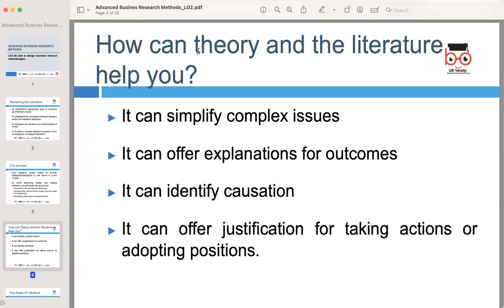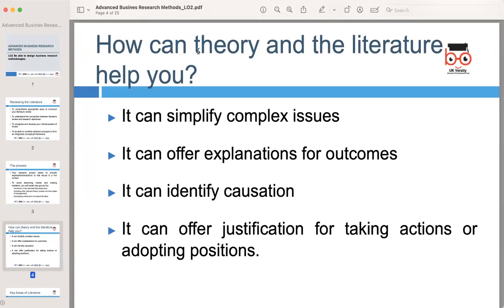Moving on, theory and literature also offer explanations for outcomes when we encounter certain events or situations. We often ask ourselves, why did this happen? Theories provide us with a possible explanation by offering insights into the underlying factors and mechanisms that contribute to those outcomes.